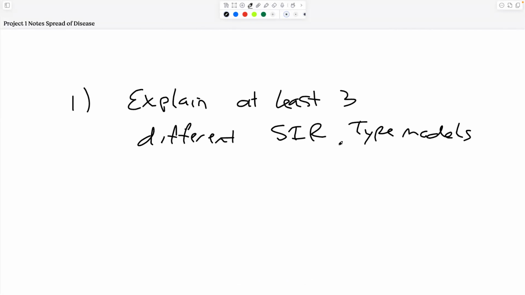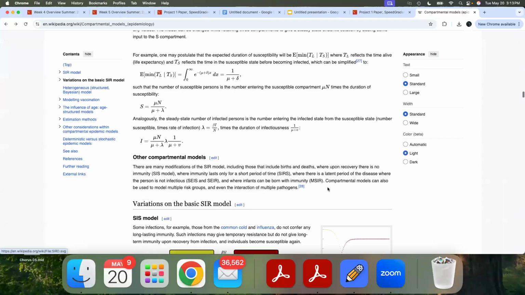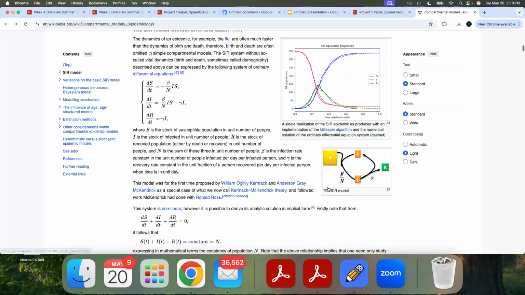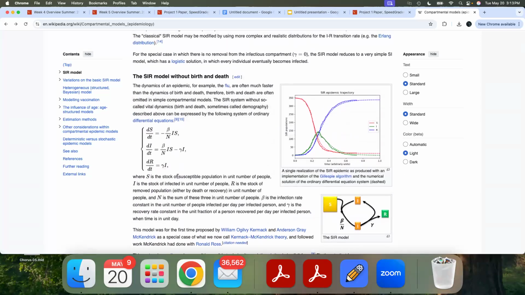And when I say explain, I mean you're going to have to type all this up. You can't copy anybody else's math. You're responsible for your own math. Type all this math up. Explain what all these parameters mean. Maybe include a flow chart like this. If you steal somebody else's image, you have to give them credit.